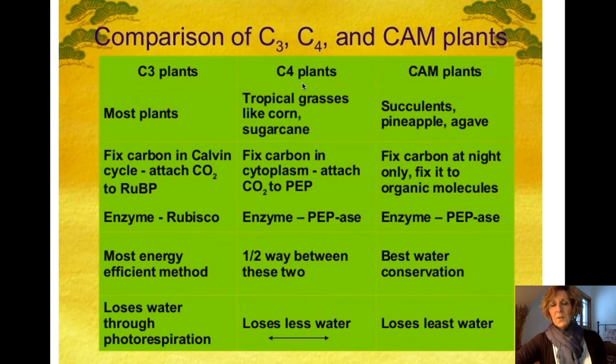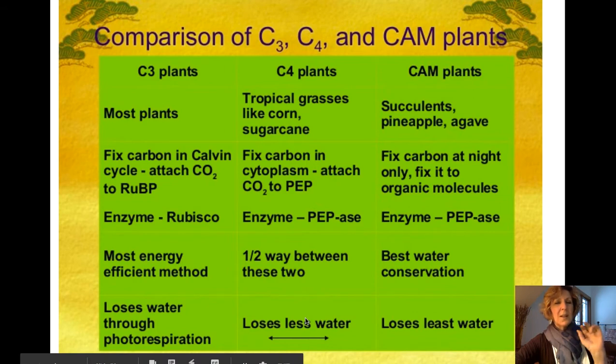There is a type of photosynthesis called C4, and there is a type of photosynthesis called CAM. So C4 plants would be like grasses, corn, sugarcane, and we're going to see that they are going to make sugar in a slightly different way, which I'll explain in a minute.